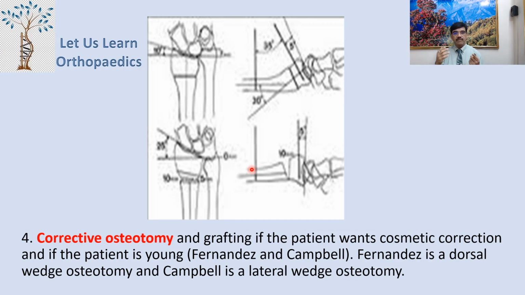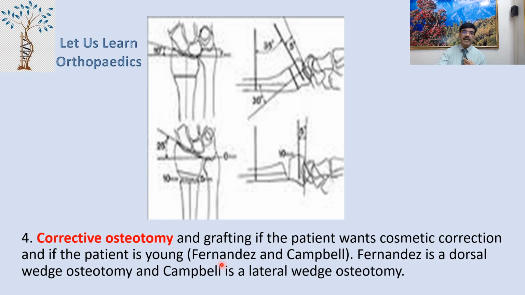And mostly when the patient is young, say for example a young lady having a malunited Colles fracture, she is more concerned with the cosmesis than the function. And hence, depending upon what is the residual deformity, whether it is because of the dorsal displacement or whether it is because of the lateral displacement, the 2 types of osteotomies have been described.